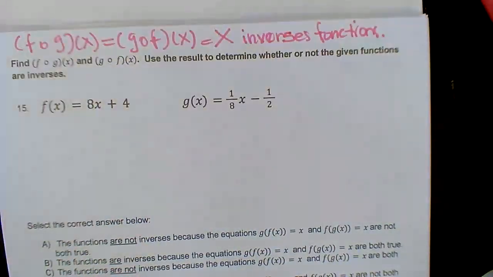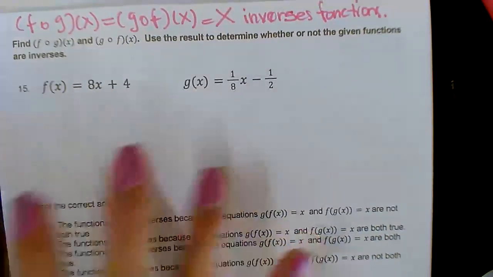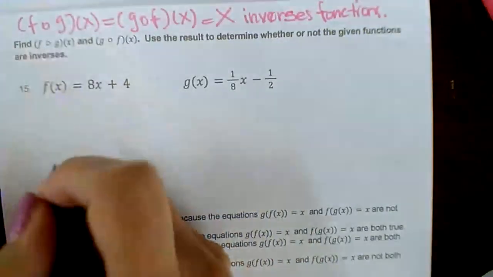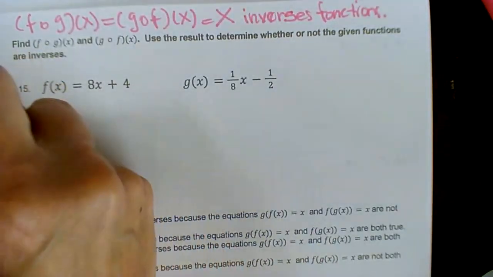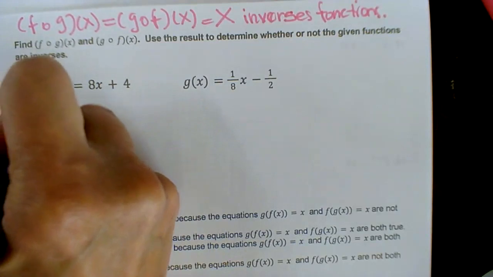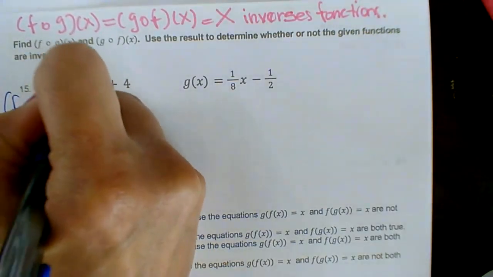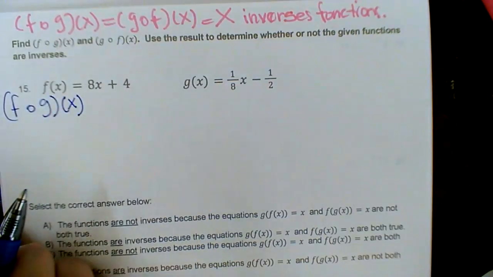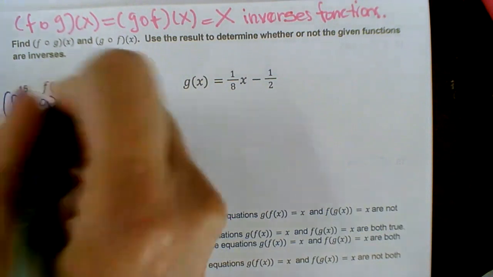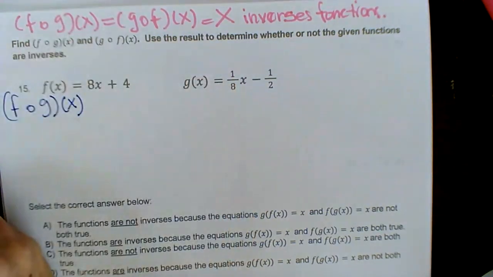So let's do it. We're going to do first f of g. So that means what? It needs to be equal to x, right? We're going to try to see if it's equal to x.